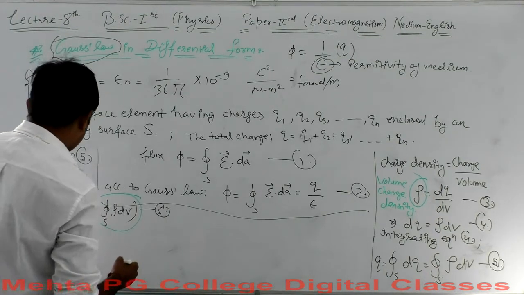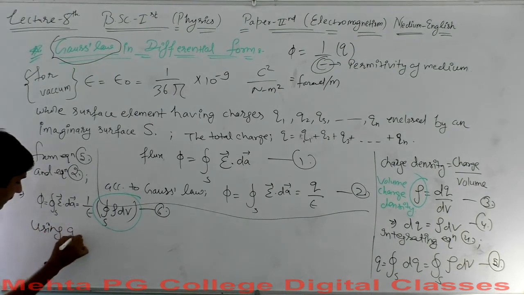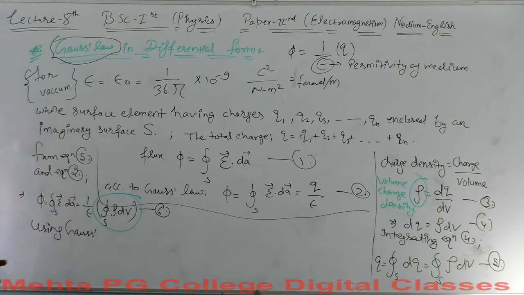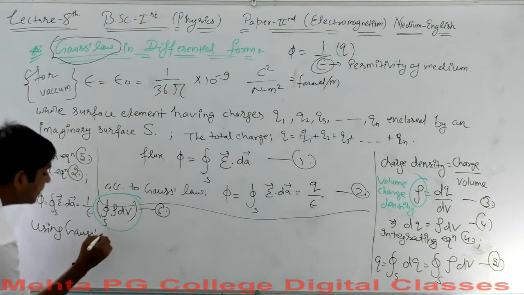So now, using Gauss's divergence theorem, G should be written in capital because it is a name, and a name should always be written in capital.